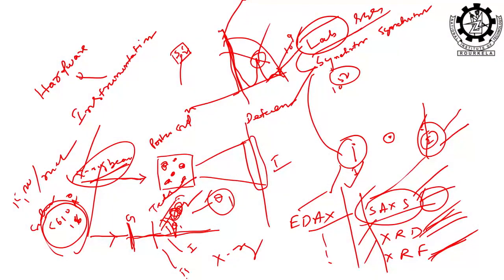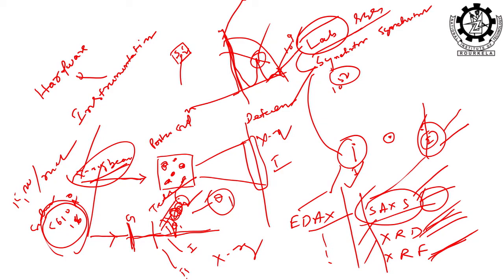If it is invisible, then obviously we cannot use the eye. The eye cannot be a detector to detect where the first and second order are, because they are invisible radiations. Therefore, there should be X-ray detectors that can detect X-ray photons. The eye cannot detect X-ray photons, but an X-ray detector can.